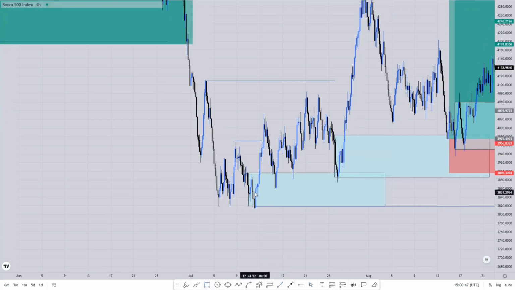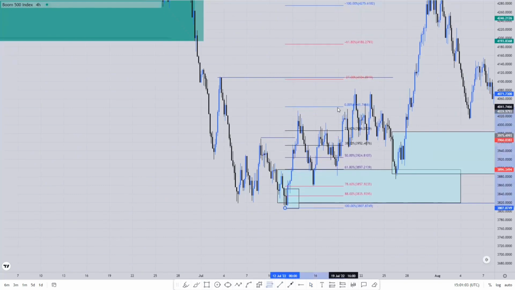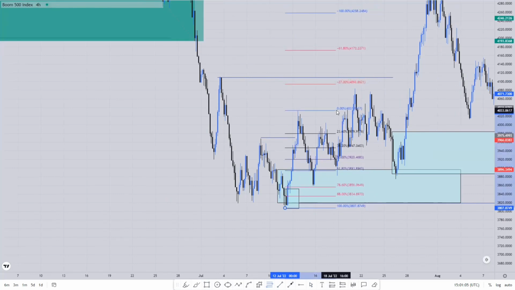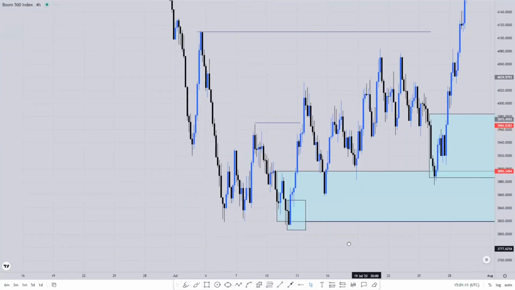Where could I have bought? I could have simply waited for a pullback into, for example, here they'd mitigated this. So there was no need for them to come back there if they're there to that demand, like here. So that's where I also involve my Fibonacci. If you see my Fibonacci, they came close to 78.6, which is also okay. Not a problem, not an issue.